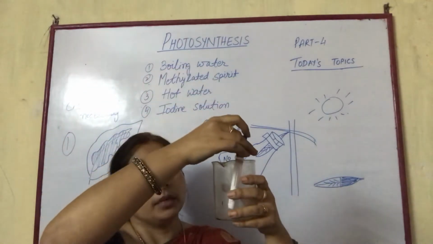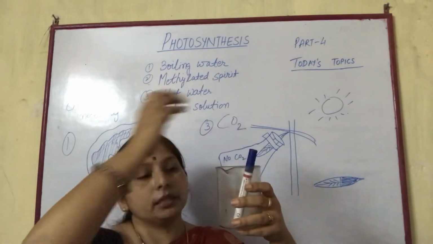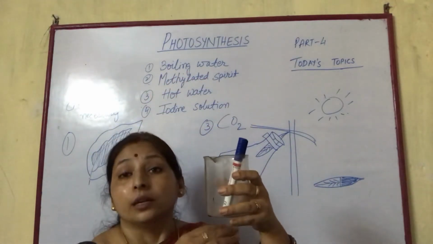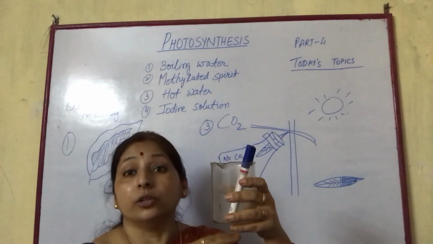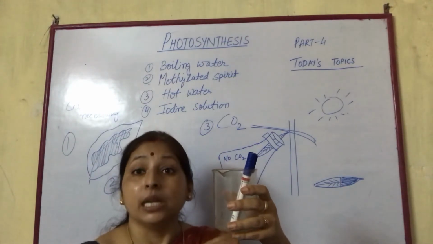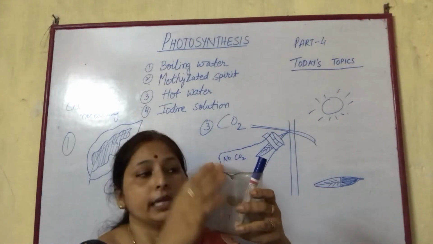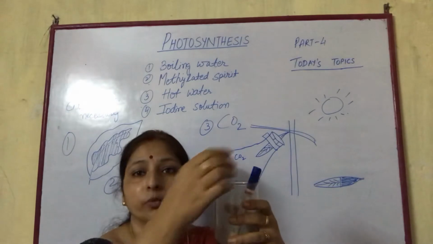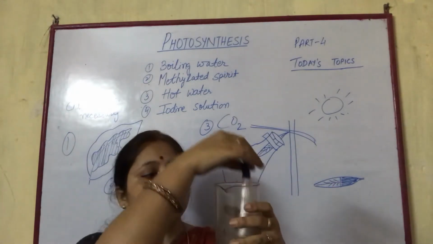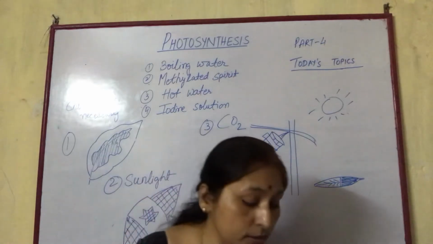Then the test tube with the leaf sample and methylated spirit is kept in the boiling water. The water is boiled over a spirit lamp, and with the temperature of the hot water, the methylated spirit also gets heated.